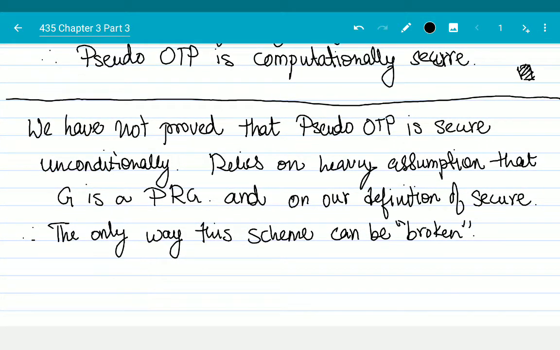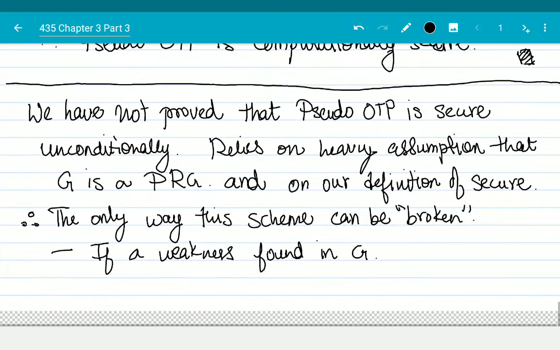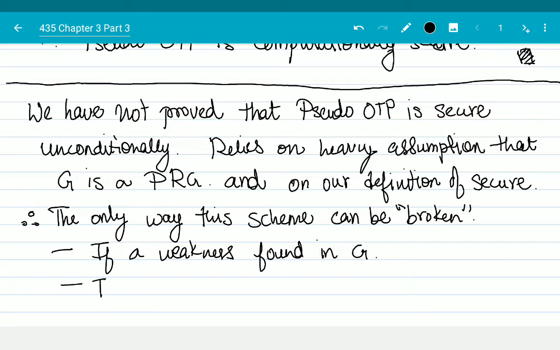No, actually broken, where I can show that I'm succeeding with more than negligible probability, is if there's a weakness found in G, or if the definition is not sufficiently strong.